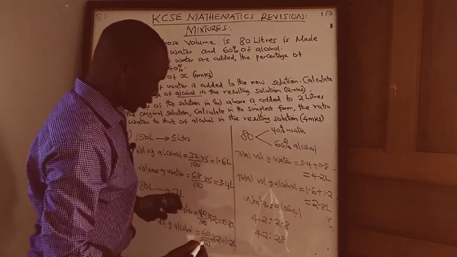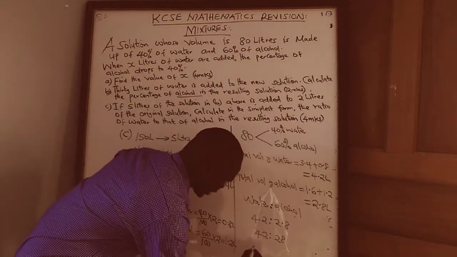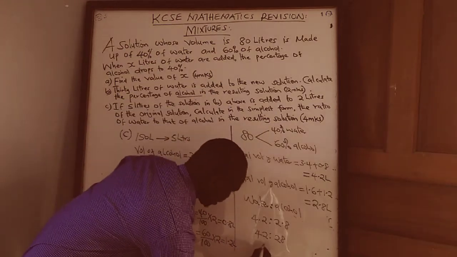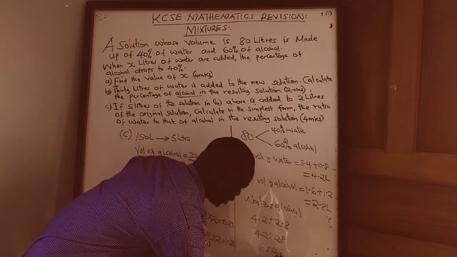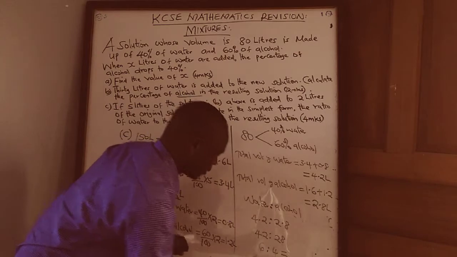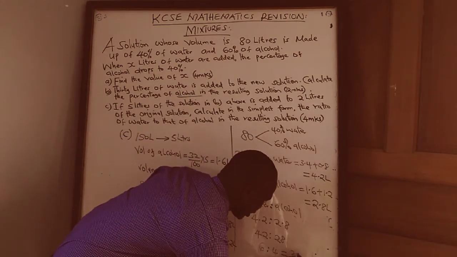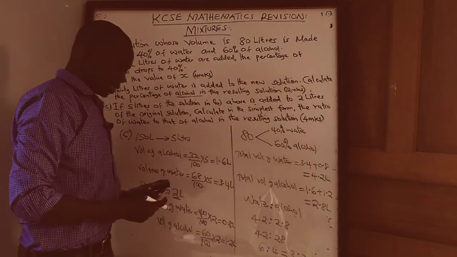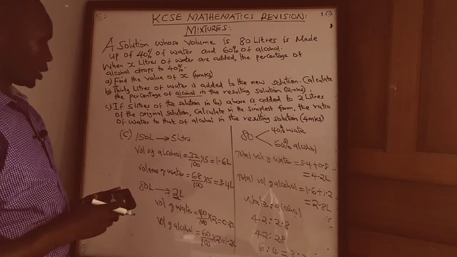The common factor between the two is 7: 42 divided by 7 is 6, and 28 divided by 7 is 4. The common factor between 6 and 4 is 2: 6 divided by 2 is 3, and 4 divided by 2 is 2. And that is the simplest ratio in which water and alcohol exist, 3 to 2.